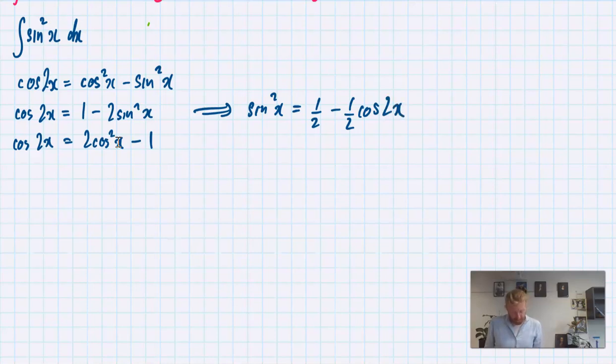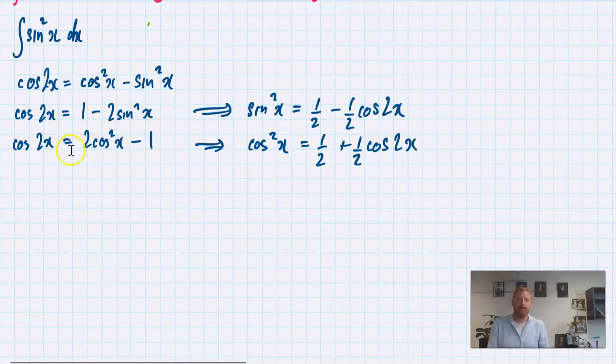Cool. From this one here, I can say that cos squared x equals a half plus a half cos 2x. Okay, so now I've expressed sine squared x and cos squared x and I've gotten rid of that squared. I've gotten rid of the quadratic bit.